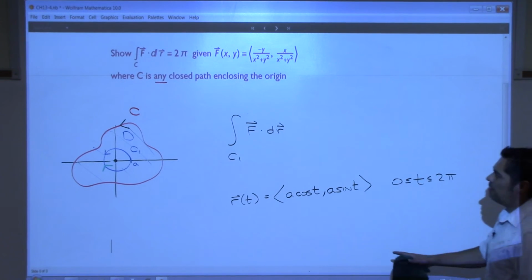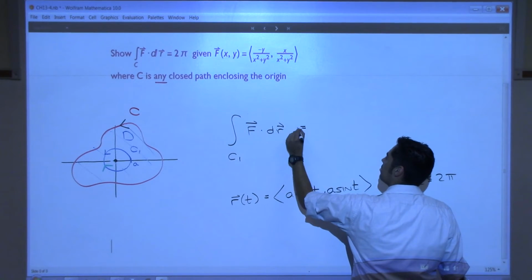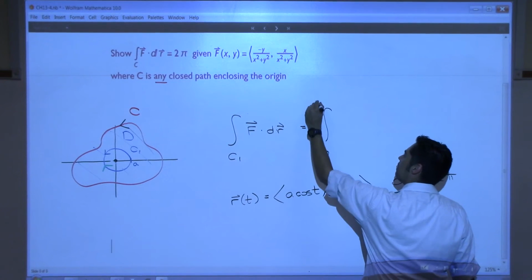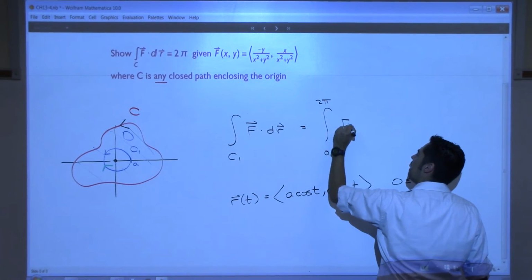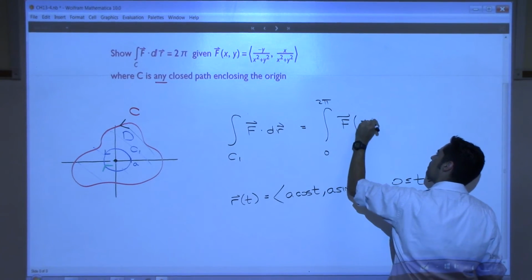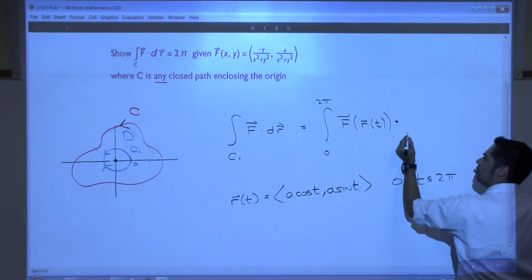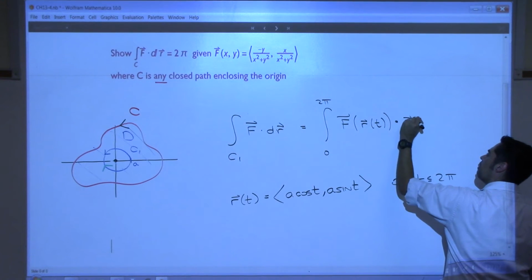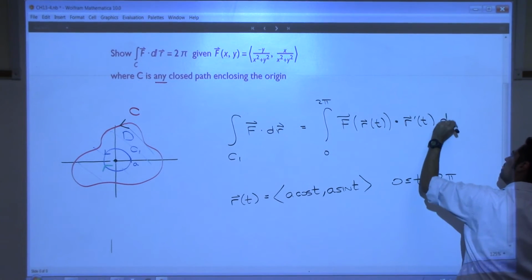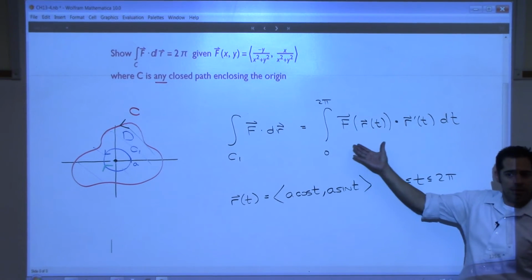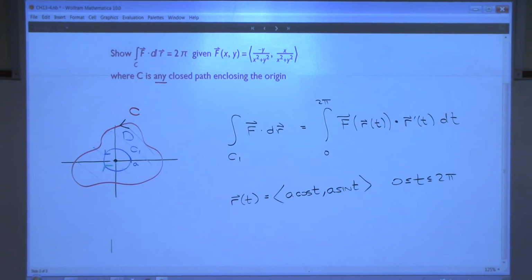Now, I think what you're doing, from what I'm hearing, is that you're going to go in here and go 0 to 2 pi. You're going to take the vector field, plug in r of t, and then dot that with the derivative of r of t, and then dt. I believe that's the formula that you're using here. Okay. So we need the derivative.